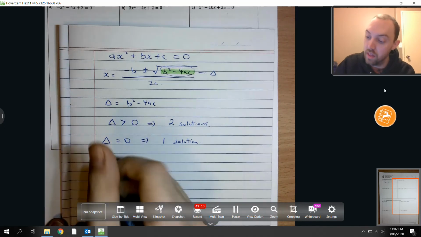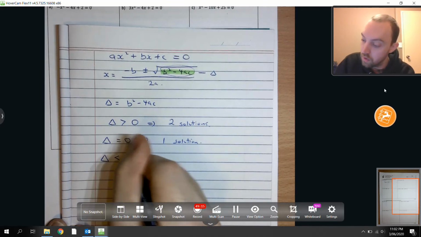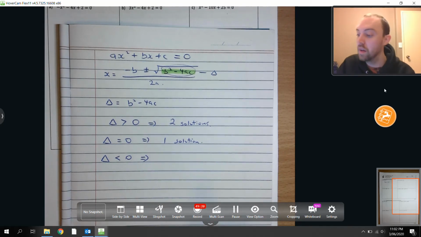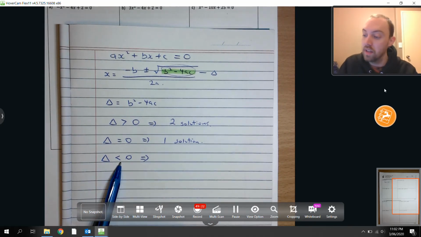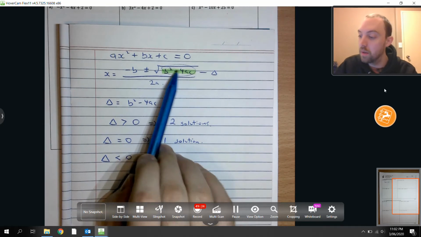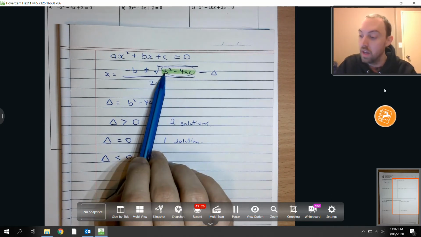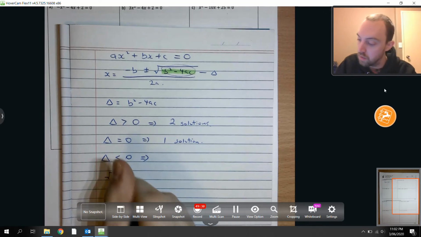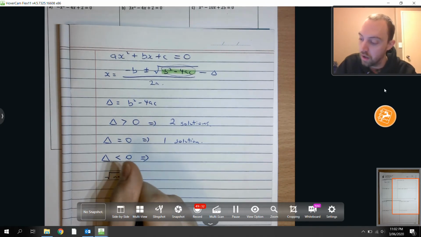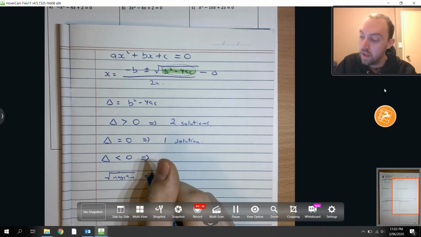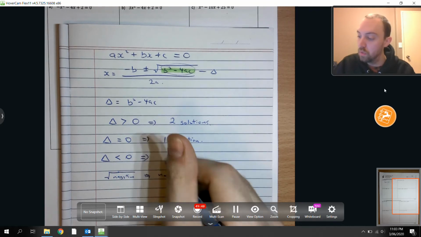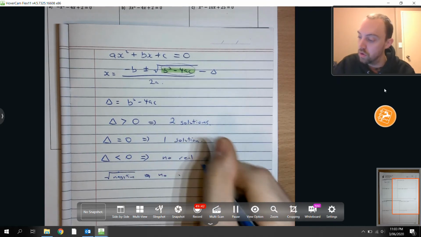Doesn't change anything. Now this one's a little bit less familiar to us. If your discriminant is less than 0, so the number under the square root is a negative number, what you might remember is that the square root of a negative number can't be done. No real solutions.